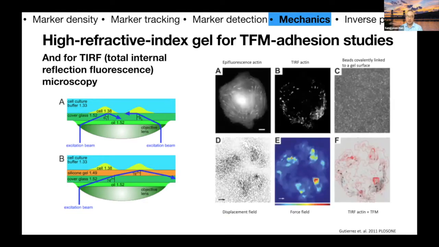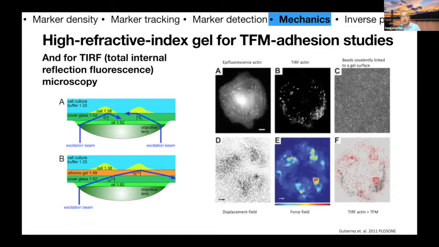So this is an example. If you use just epifluorescence and look at the actin, we see all the actin fibers and some non-specific signals. But if you use TIRF, we can really see the actin that is near that interface, so we almost see focal adhesion-like actin.